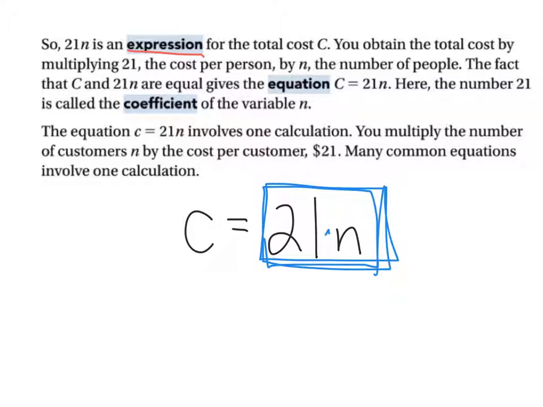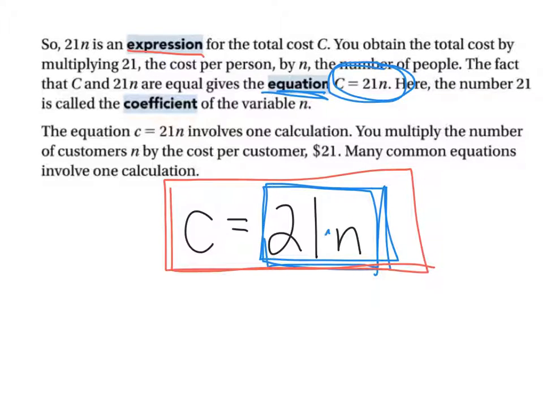The next vocabulary term is equation, and we talked about this a little bit. Your equation is the one with the equal sign in it. So in this example down here, this whole thing that I am boxing in red is going to be our equation, the C equals 21 times n. And then you'll see the last word, which we will use sometimes in class but not as much, is the word coefficient.